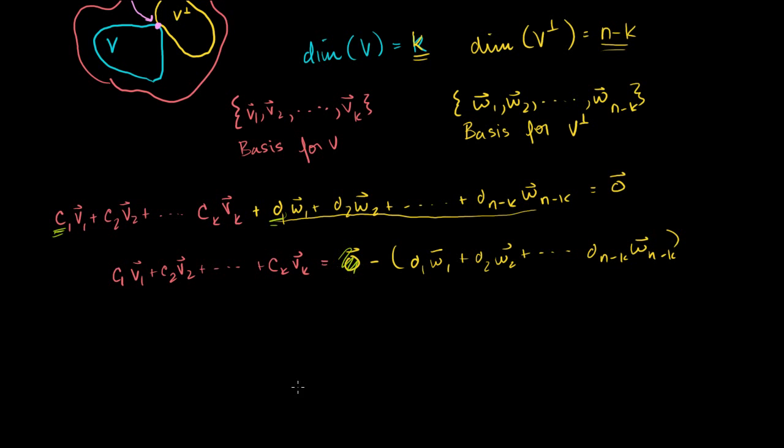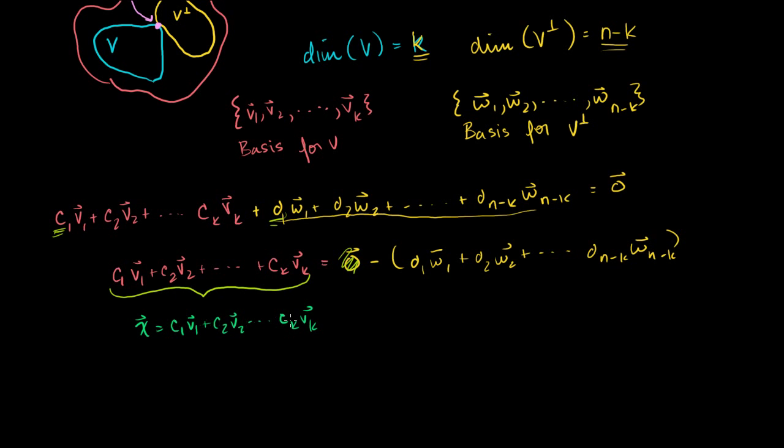So what I have here is some combination of the basis vectors of v, right? If I look at this, this is some linear combination of the basis vectors in v. So if I call this some vector x, let's say x is equal to c1 v1 plus c2 v2 all the way to ck vk.